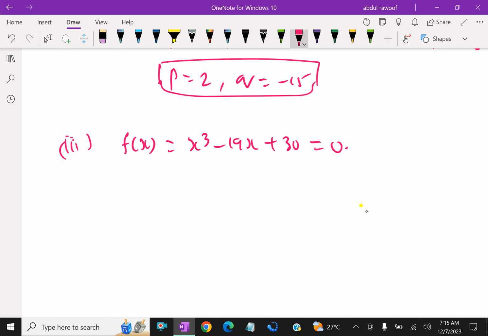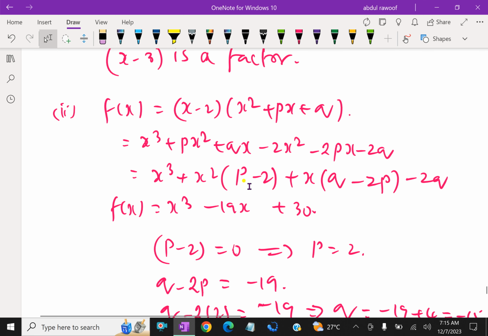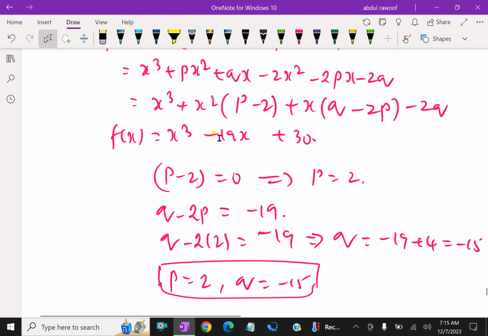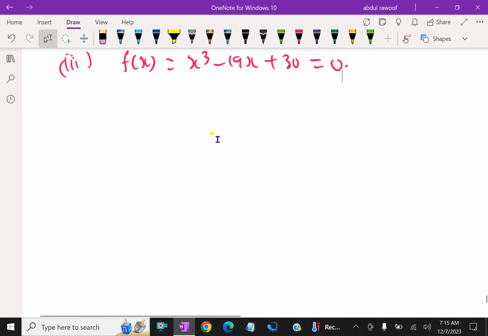For that f of x, we already got that f of 3 is 0, therefore x minus 3 is a factor. So we have to divide this f of x by x minus 3 by synthetic division.